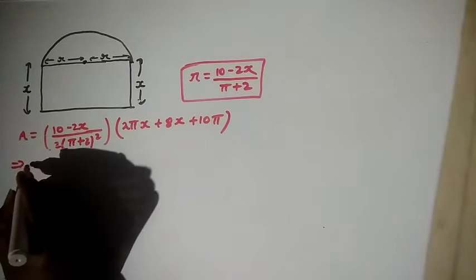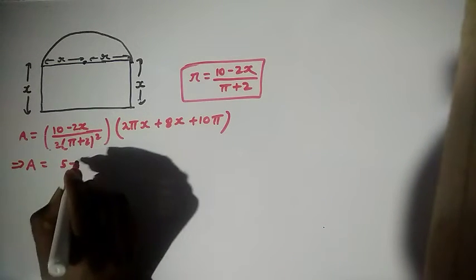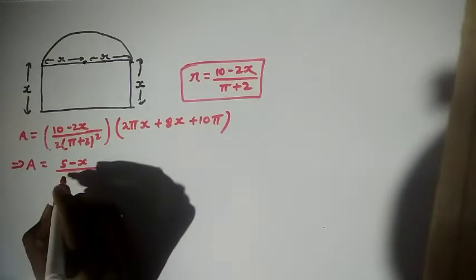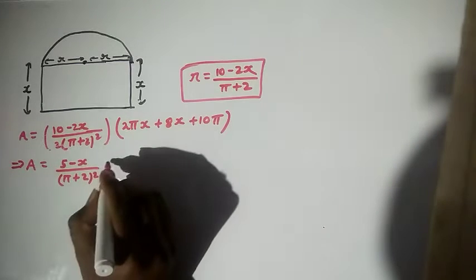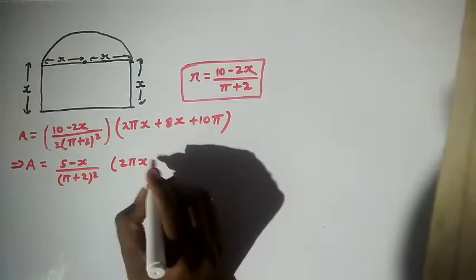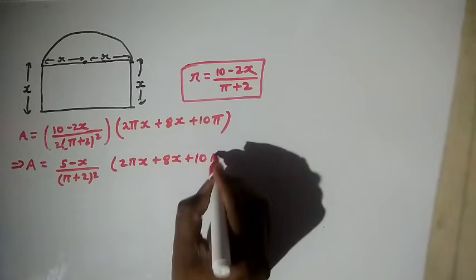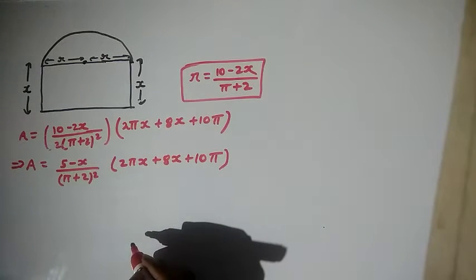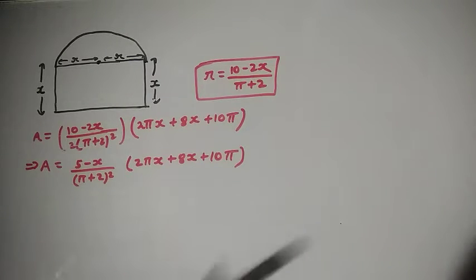Now cancel the 2 from the numerator. So A will be (5 minus x) over (pi plus 2) square times (2 pi x plus 8x plus 10 pi). Now differentiate both sides of the equation with respect to x.